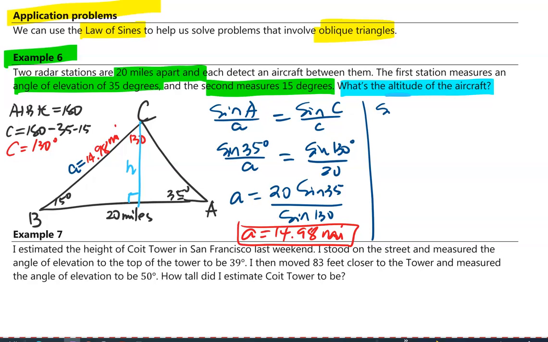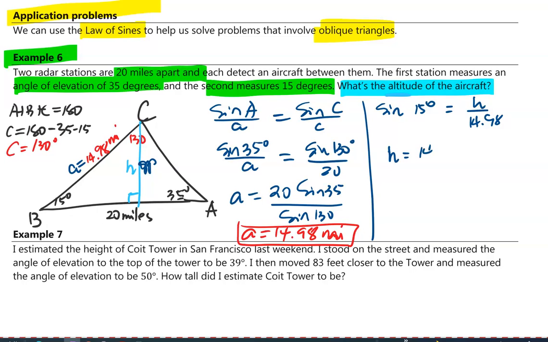So remember, sine theta is equal to opposite over hypotenuse. This is the opposite side. So let's say we're going to use sine of 15 degrees is equal to the opposite side, which is the height, over the hypotenuse, which is side A, 14.98. Then cross multiply to solve for h, the height.